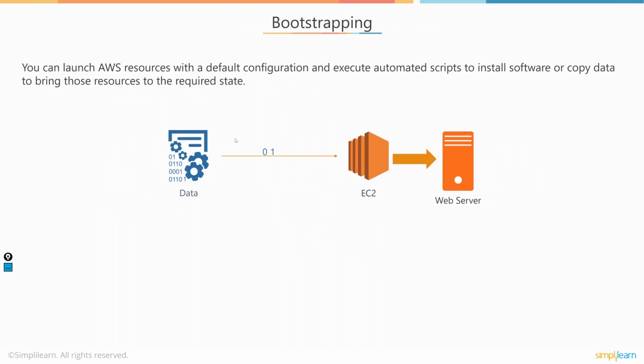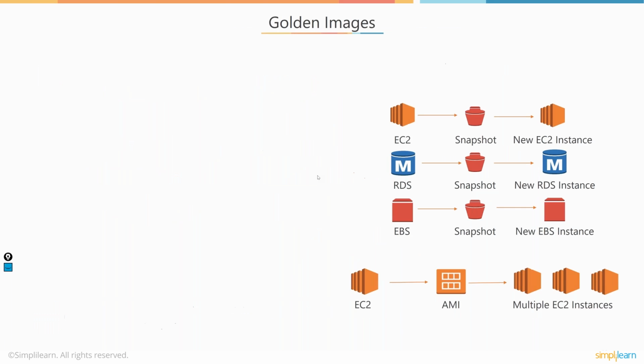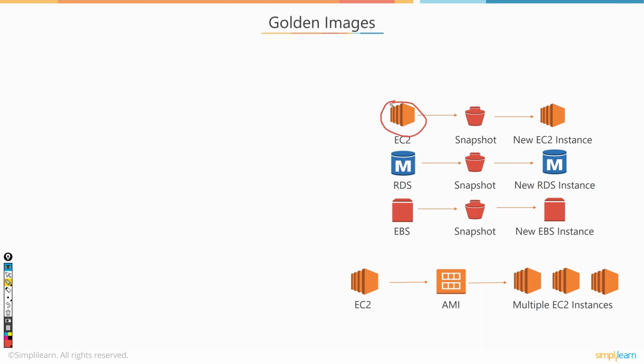So as I mentioned, bootstrapping is basically taking data, processing it through EC2, and making sure that it comes out as a full application. Golden images, as I mentioned before, can be done via snapshotting the EC2 and then creating a new instance out of it.